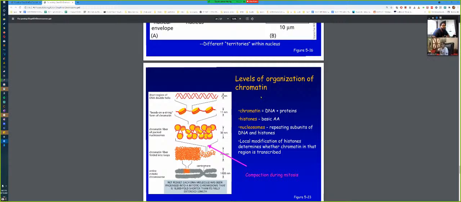Histones are proteins that have a lot of basic amino acids. Now, this is worth writing down: basic amino acids are positively charged in the cell, and we know that DNA is negatively charged. That's why they bind together.